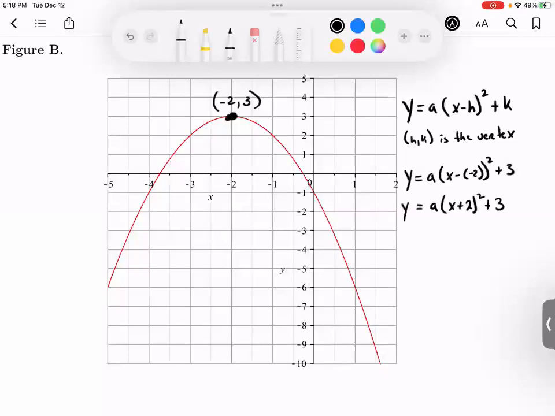Now, we would have almost been finished with this problem, but there's just one thing missing. The thing that's missing here is the value of a. To find the value of a, you need to choose another point and plug it in for your x and y and solve for a. So can you give me a point on this graph that's relatively easy for me to use so that way I can solve for a?